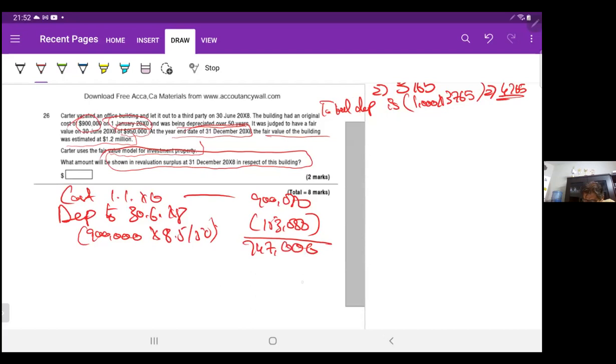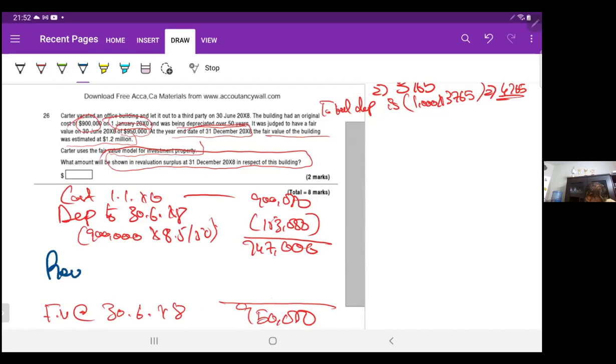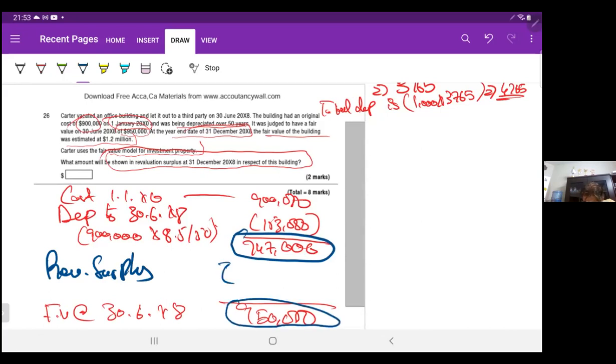Now, the asset is revalued to fair value at 30th June 20X8. Fair value at 30th June 20X8 is 950,000, and the revaluation surplus is the difference between 747,000 and 950,000. It's 203,000 that will come under the revaluation surplus.